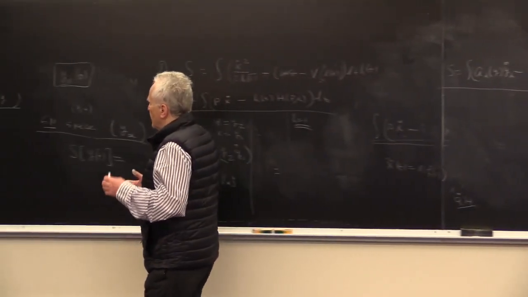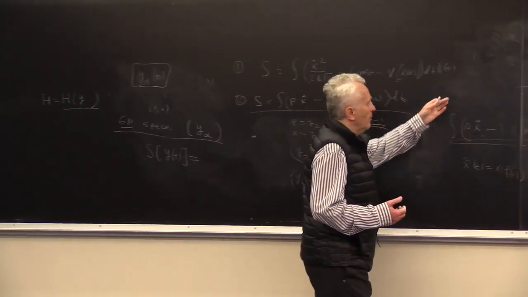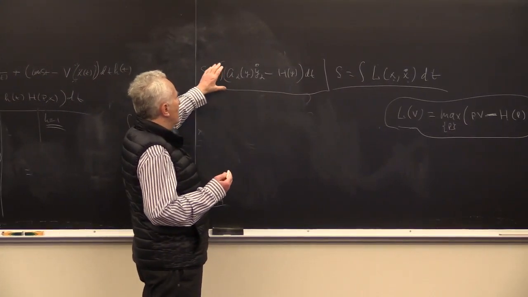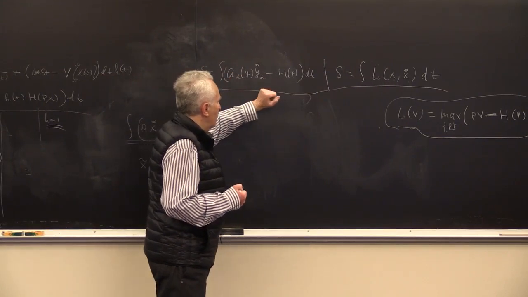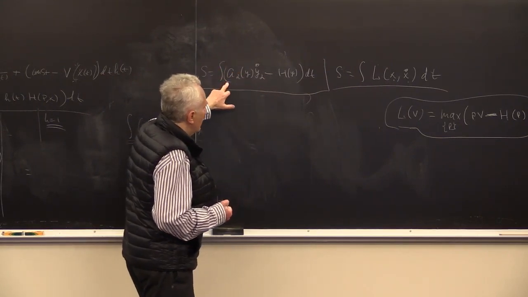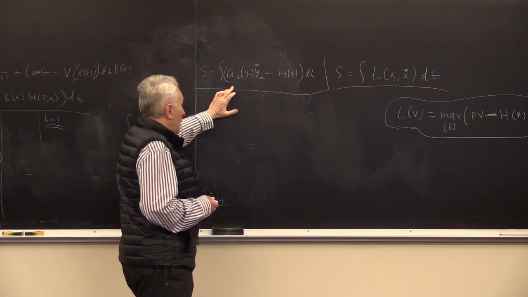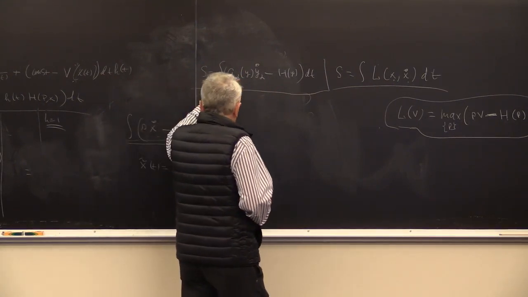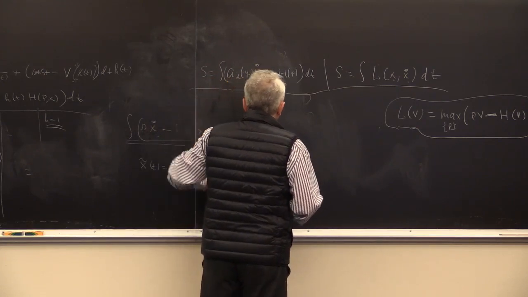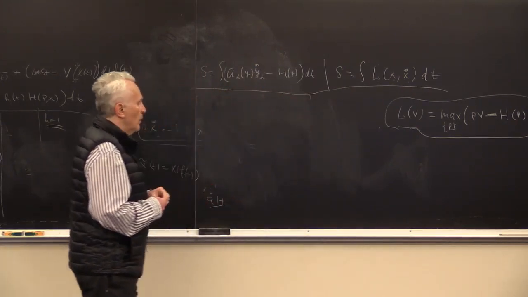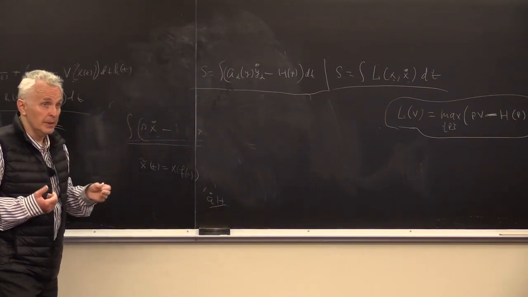So that's the most general Hamiltonian system. By Hamiltonian system, I mean that it satisfies the Hamilton equation. It follows from a variational principle, and it also leads to the first order equation of motion containing only first derivatives.